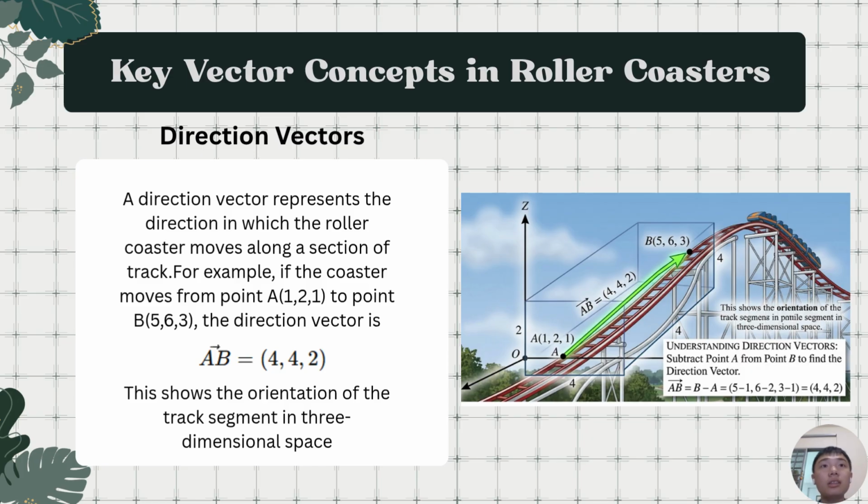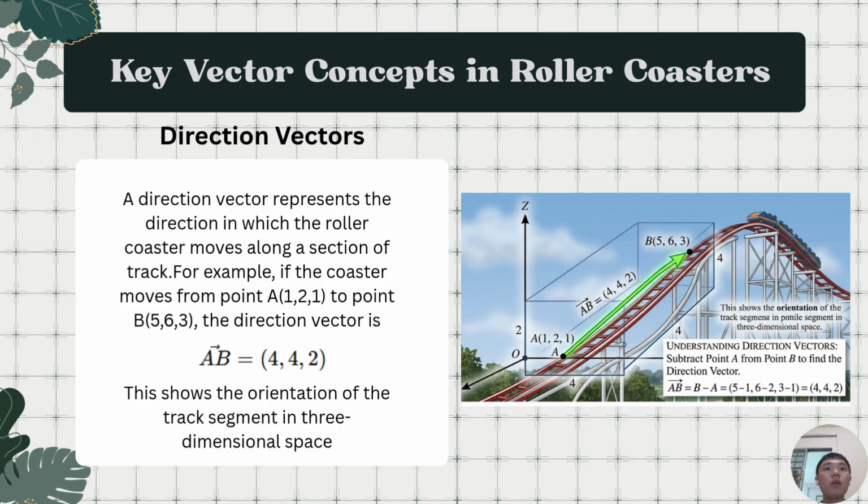So the direction vectors are very useful because they help engineers understand how each section of the track is oriented in space. For instance, a direction vector can show whether the coaster is climbing upward, moving downward, or turning sideways. So this is important when connecting one segment of the track to another.